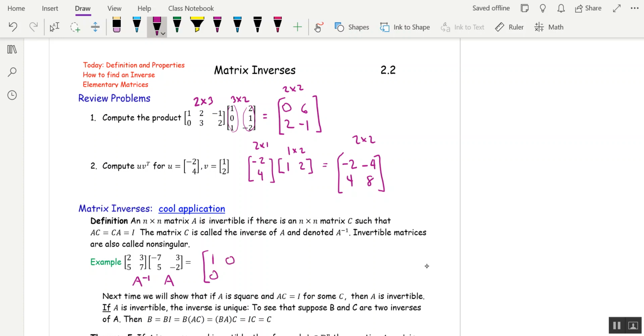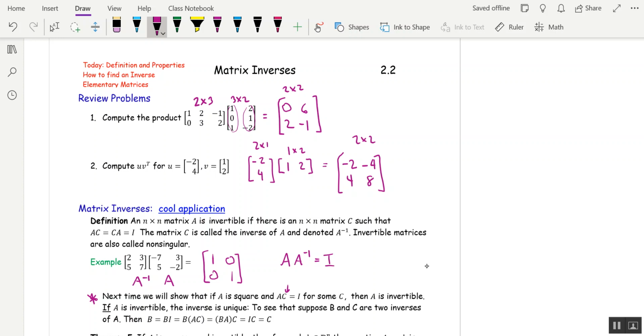And finally, I get 15 minus 14, which is 1. So technically, by the definition, I should also show that A inverse times A is the identity. But next time, we will show that if you have a square matrix and you multiply on one side by a matrix and you get the identity, then that matrix is A inverse. So you don't have to check on the other side.